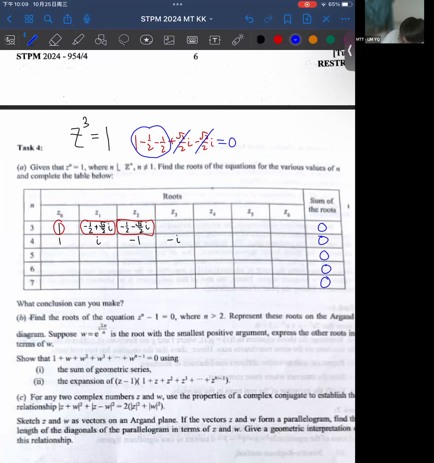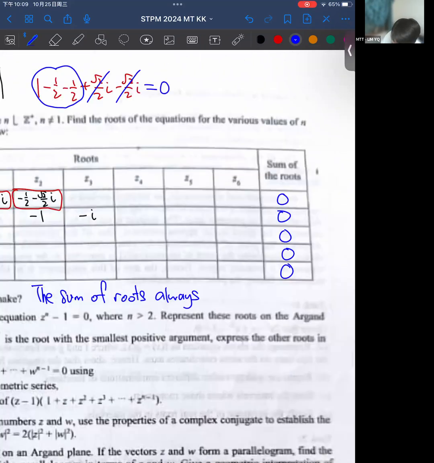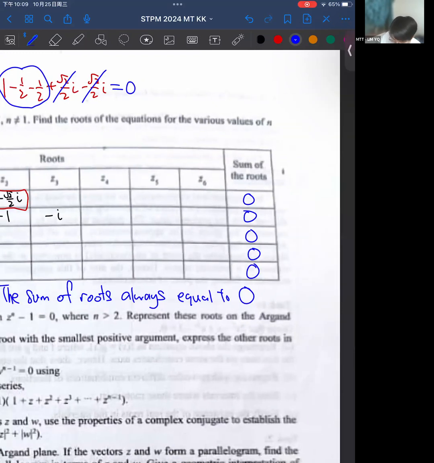So the conclusion is the sum of the roots is always equal to 0, for any integer n.